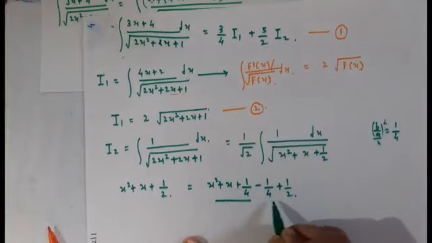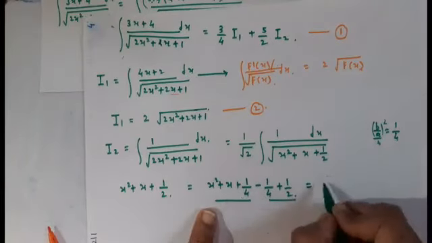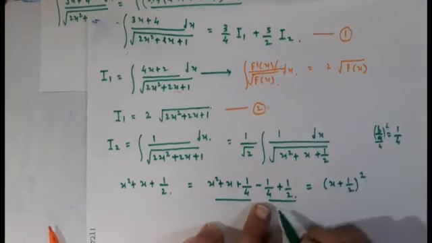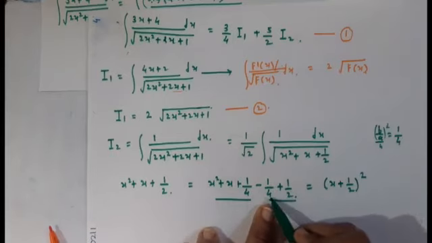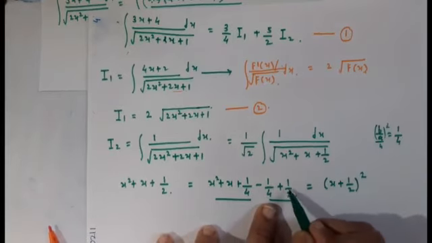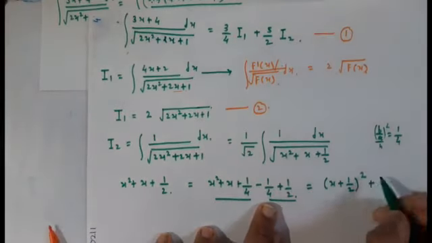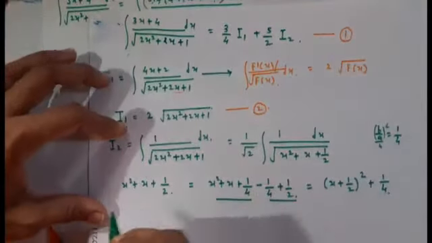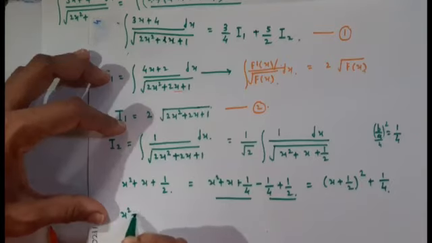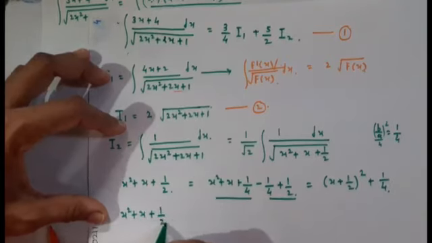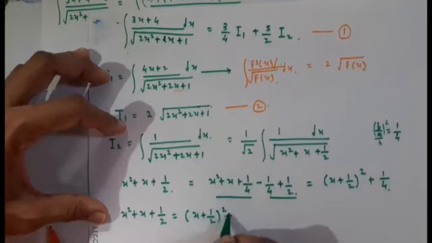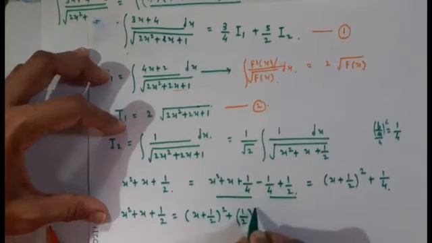This is the perfect square x plus 1 by 2 whole square, and the calculation minus 1 by 4 plus 1 by 2 is 1 by 4. So we can write x square plus x plus 1 by 2 equal to x plus 1 by 2 whole square plus 1 by 2 whole square.